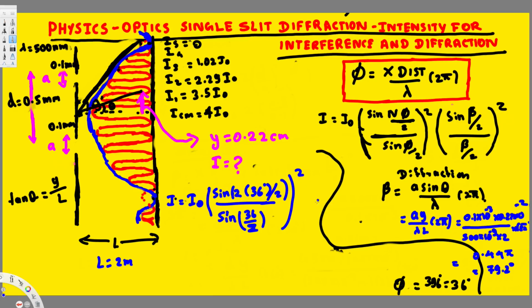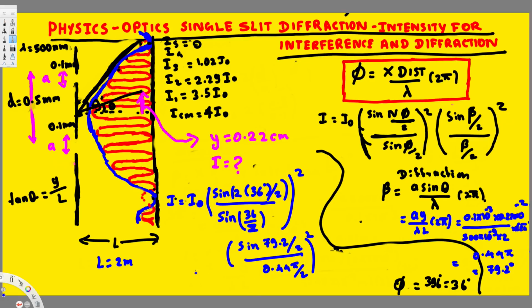So this time, square. After that sine beta over 2, beta value we found out that is 79.2 degrees, so this is going to be 79.2 divided by 2 over beta by 2, which is going to be this phi value 0.445 divided by 2, square, and that's it.